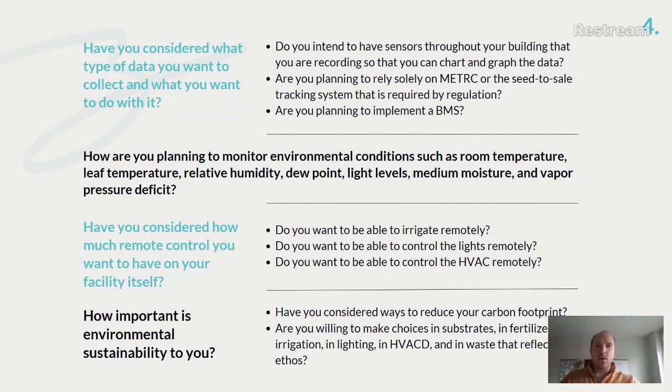And if you are not, you are now not in compliance. You run the risk of losing your license or at least having significant fines. So they really kind of have you in that position.